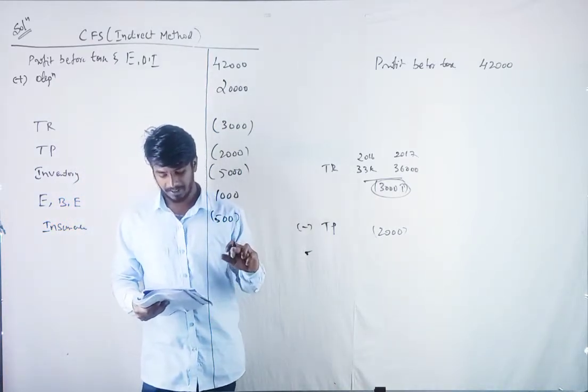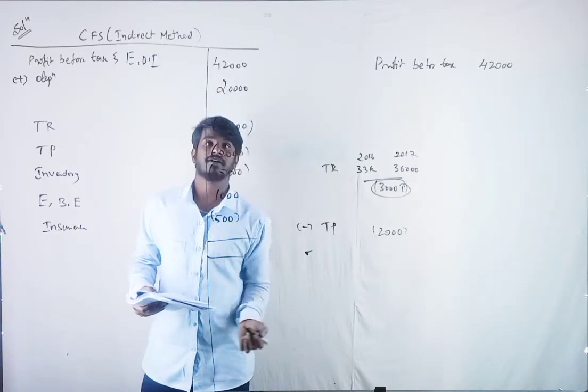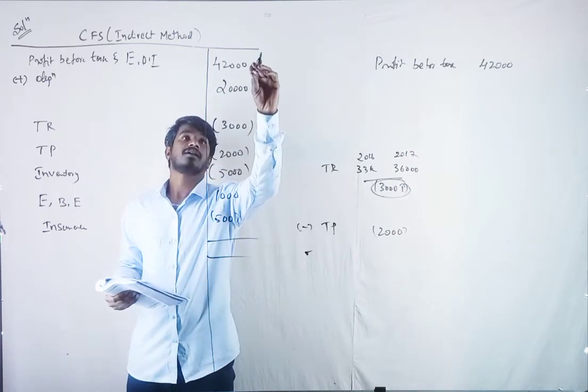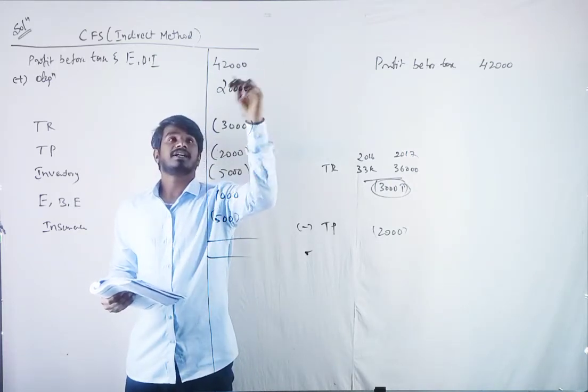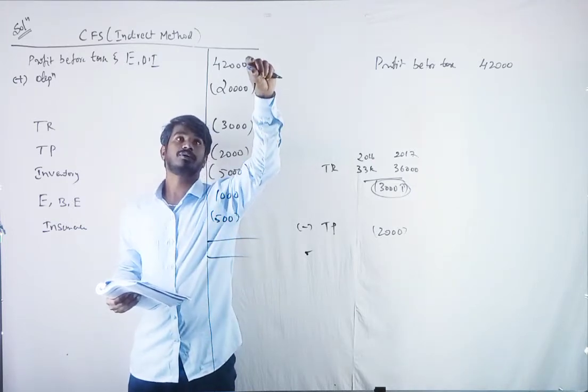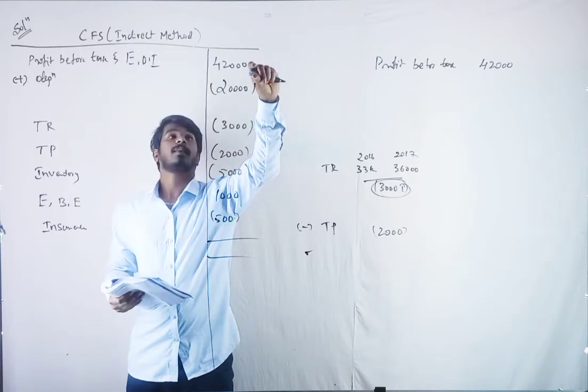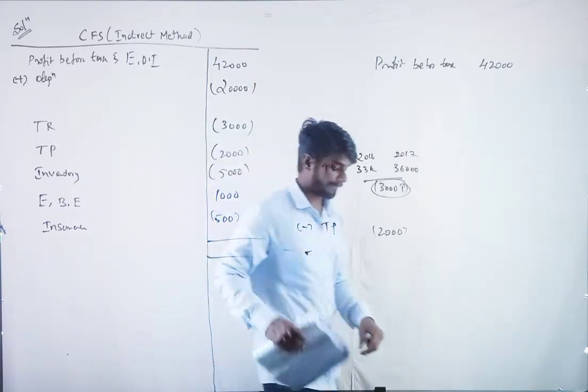Okay, we have paid 2,000. We'll add it in the income tax. Fine. How much it become? Depreciation 42,000. Right, 42,000. Let me take my calculator.